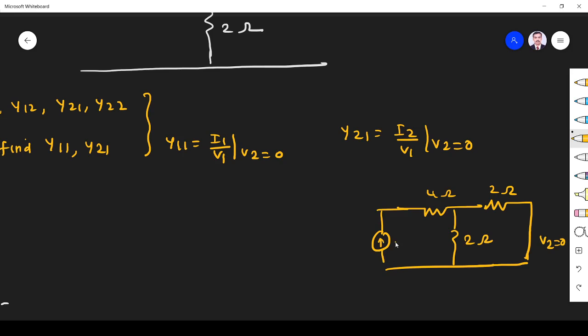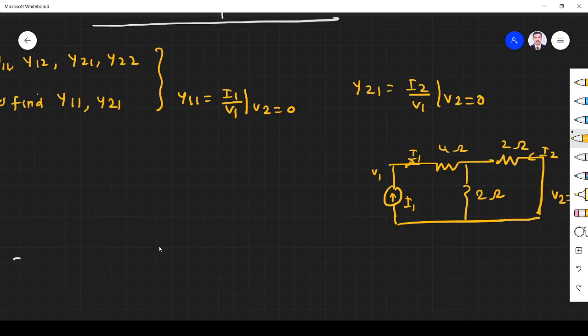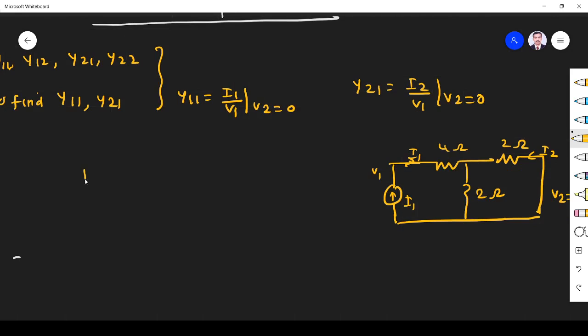So I1. Here we have V1, so I1 flows through this. Similarly, I2 flows through this. Now we find I1. I is nothing but V by R. So V1 by R, where R is the total resistance.